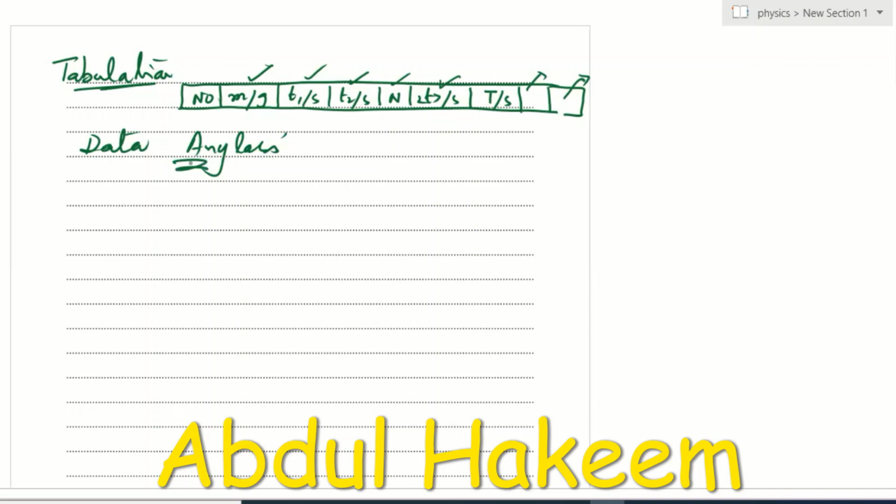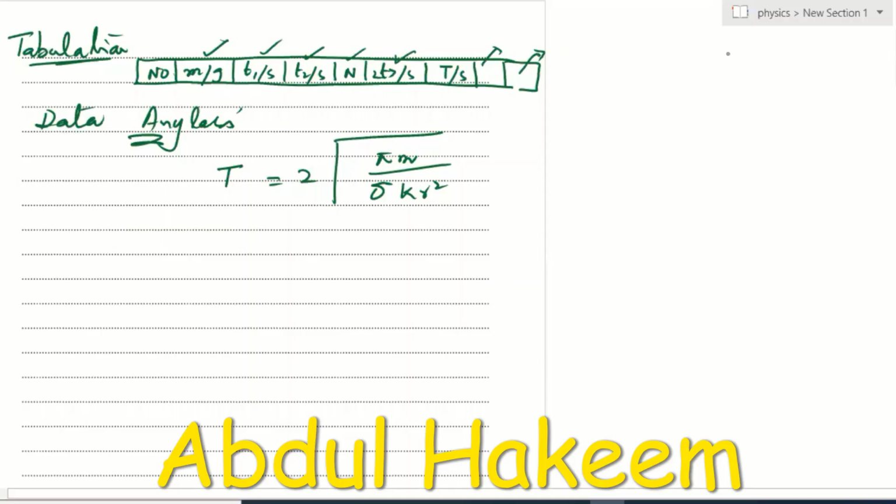So in the first step of this data analysis, we have to change the given equation into the linear form. So this is the given equation, and either by taking the square of the time period or by rearranging it, we can convert this into the linear form.